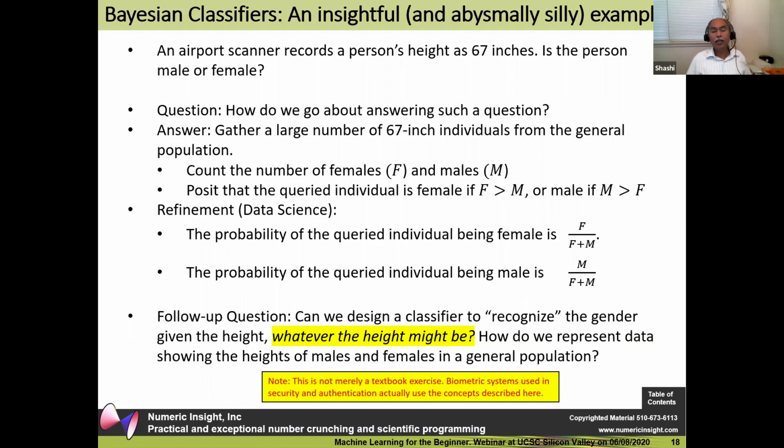So this is not just a textbook exercise. Actual airport scanners definitely do all of this. They not merely record the height, but a whole bunch of measurements, including weight. And yes, they do actually determine if the person is male or female, or at least they try to find the probability of being male and the probability of being female.